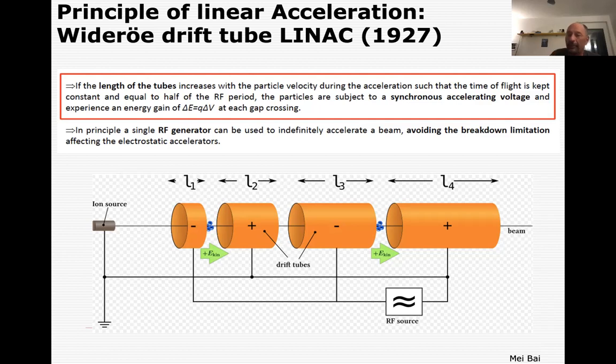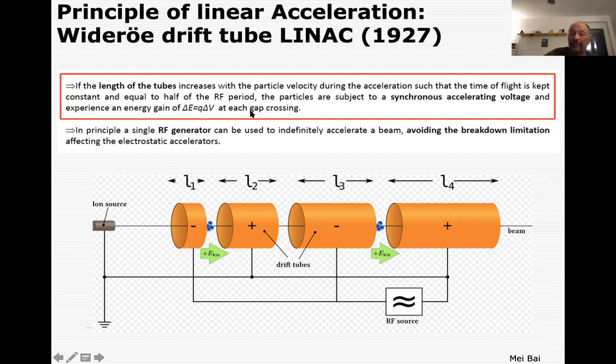So you have to keep the time of flight constant here, which is a problem because, of course, you have to make the tubes longer when the particles are faster. And the time of flight is equal to half of the radio frequency period that gives the potentials. Then you can have a synchronous acceleration voltage and experience an energy gain delta E equal to Q delta V at each gap crossing.